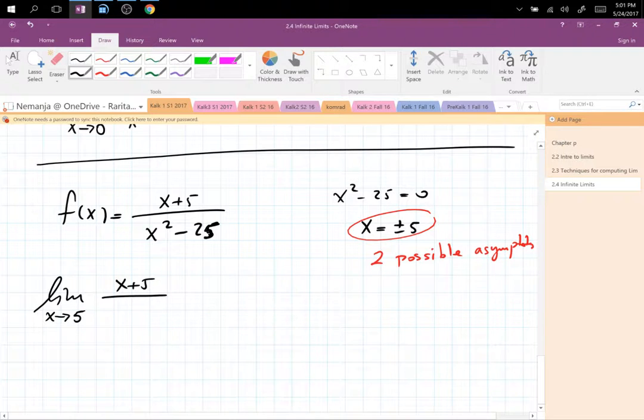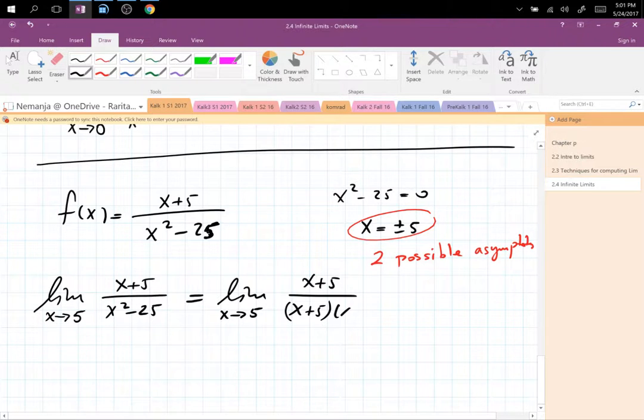We have our function. The way to solve this, we know from last class, is to factor. These guys cancel. We are left with the limit as x goes to 5 of 1 over x minus 5.